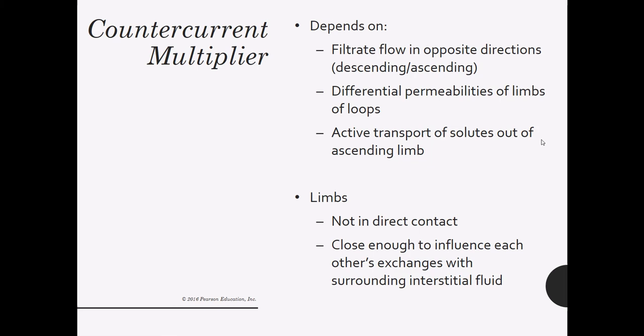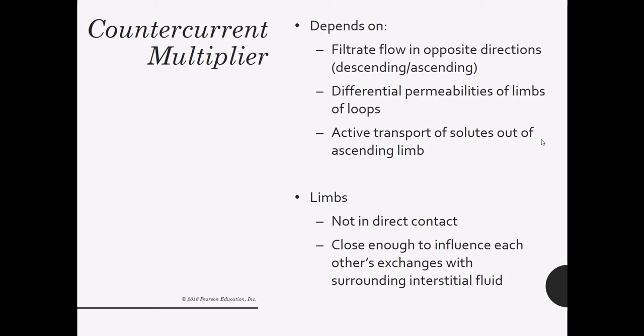We are talking about the filtrate flow in the ascending and descending limbs of the loops of Henle. The different limbs have different permeabilities. Sodium, in particular sodium chloride, is actively transported out of the ascending limb into the interstitial fluid, and that does some weird funky things with how the water flows, as we'll see in just a second.